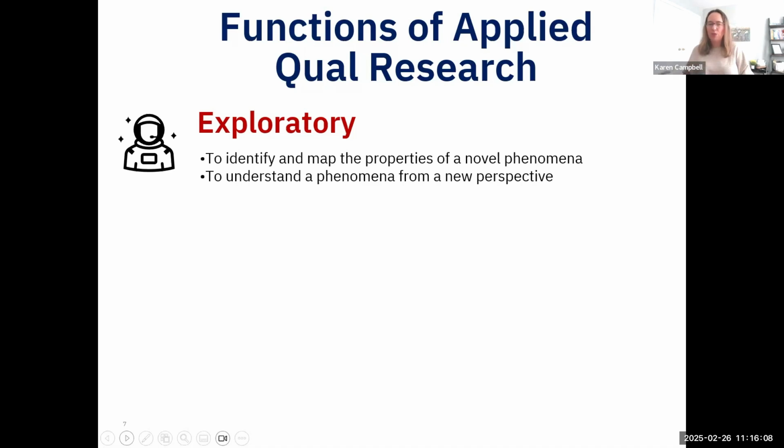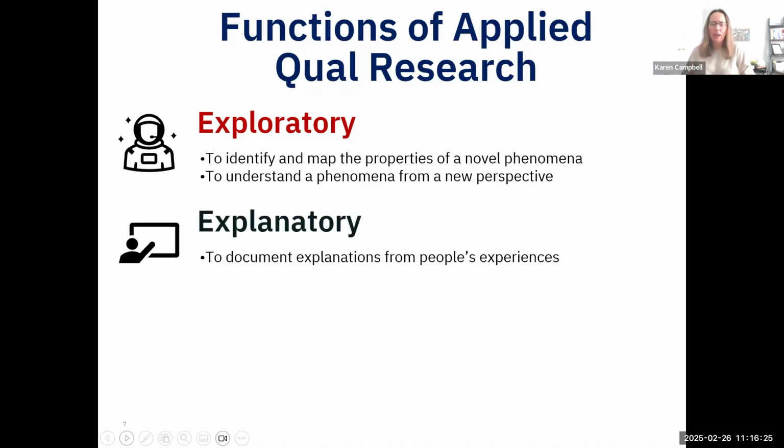So sometimes doing those initial explorations into a phenomenon will give us some of that information that's needed. So if it's a brand new problem that's just come up, qualitative is often a good way to start.